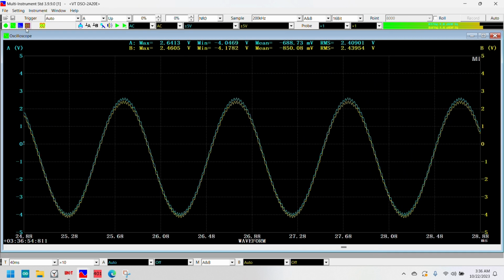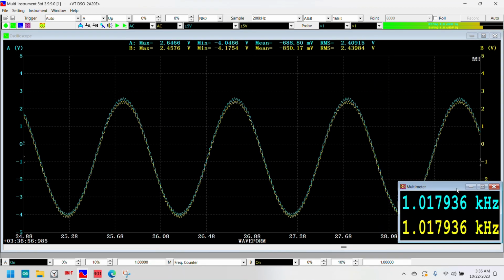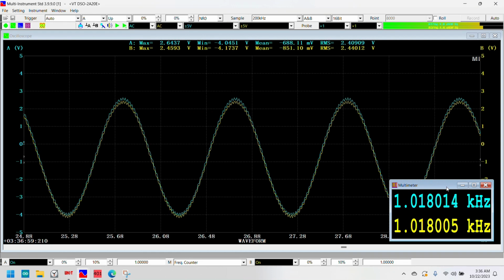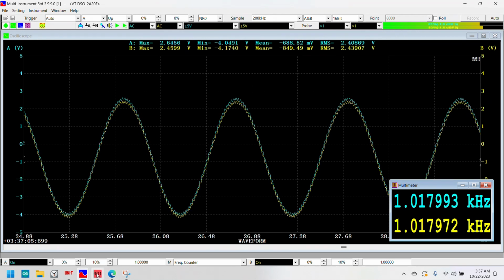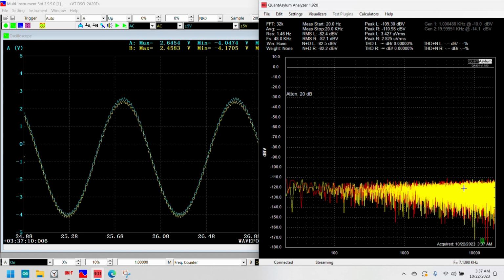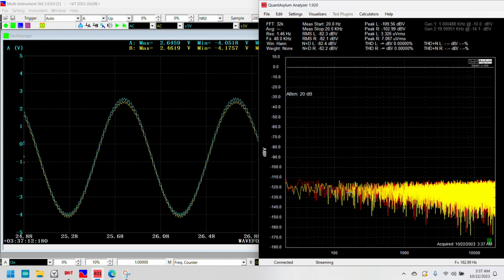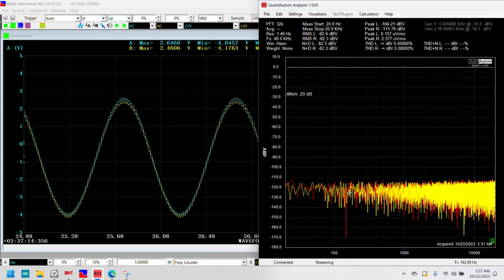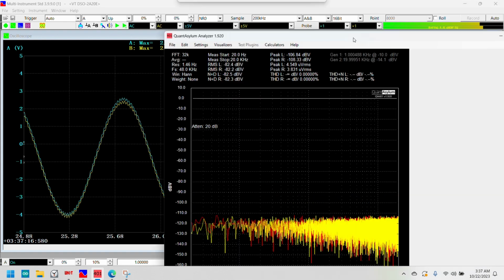That's 20 volt RMS. Let me just open the frequency counter. So I'm going to remove the QA401 right now. It means that if I open the QA401 right now, there is no input signal and the noise floor is about minus 118 dBV.